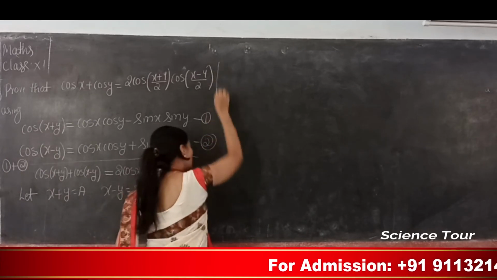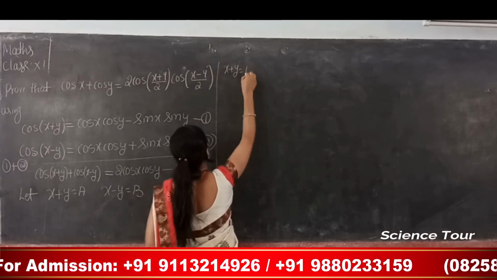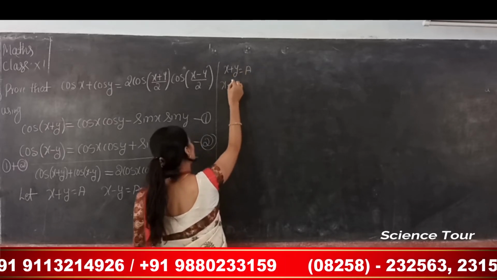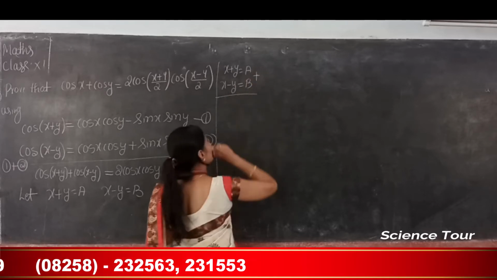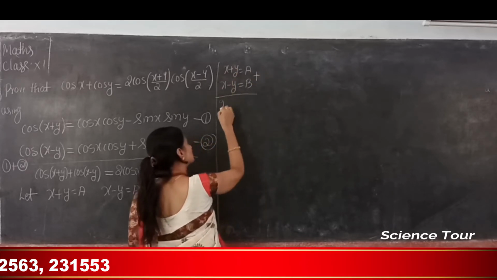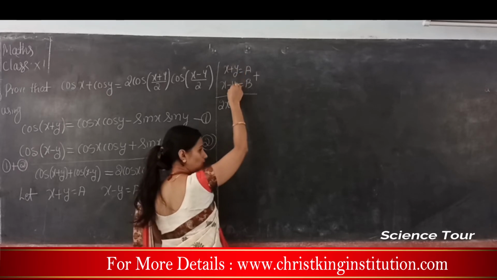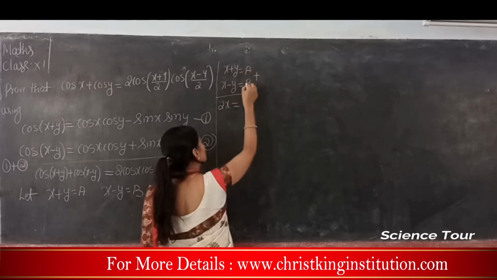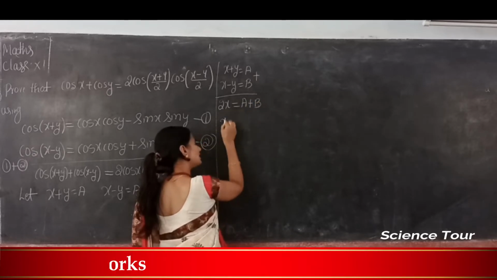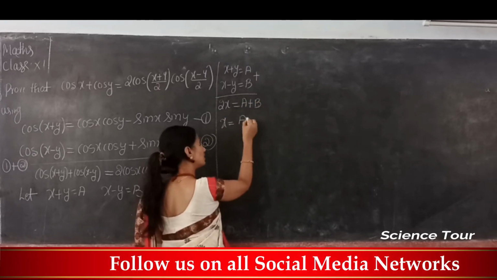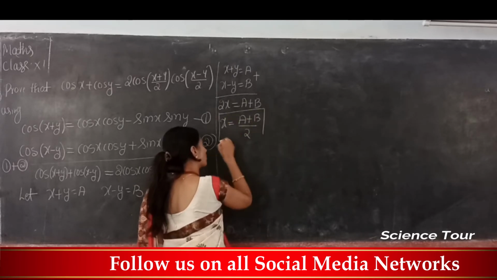So now I'll add: x plus y is equal to a and x minus y is equal to b. So x plus x is 2x, plus y minus y cancels, a plus b is a plus b. So x is equal to (a plus b) divided by 2, this is a box.